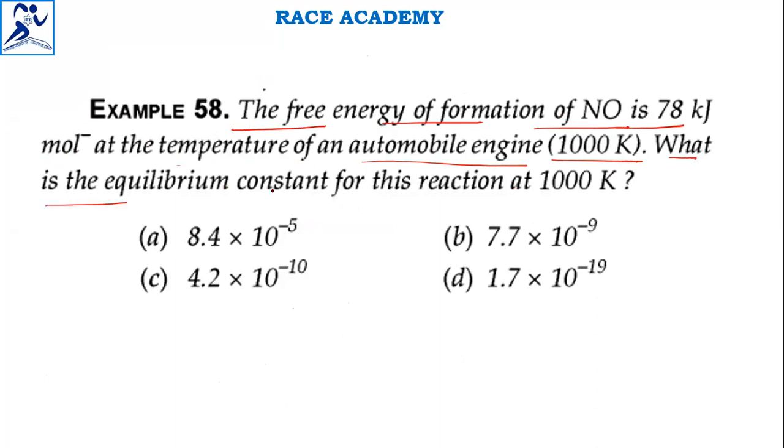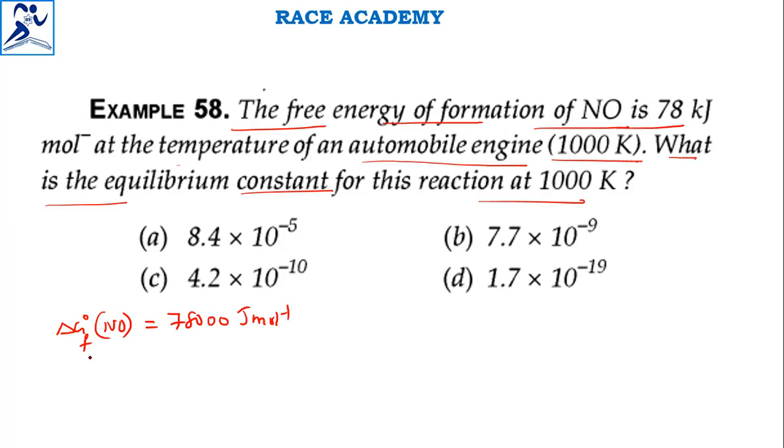What is the equilibrium constant for this reaction at that temperature? They have told the free energy of formation of nitric oxide, delta G naught, is 78 kilojoules, meaning 78,000 joules per mole.